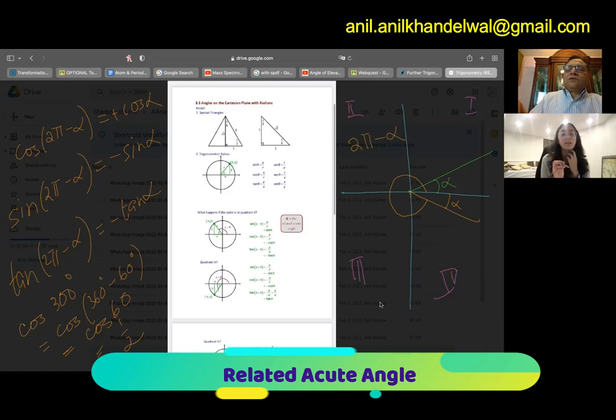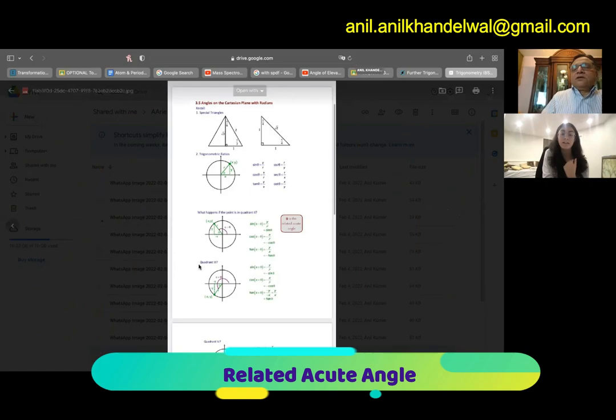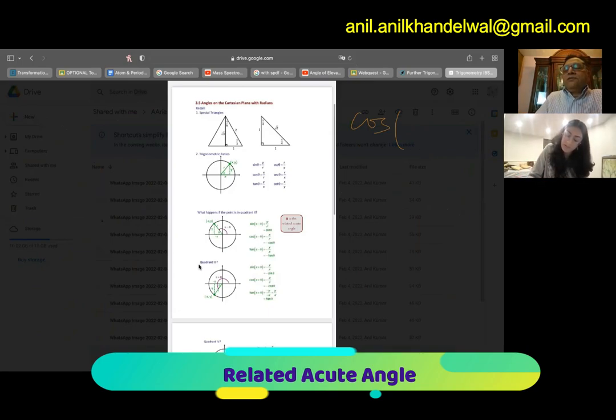Let's clear this off. Now let's say cos of, we'll work with our special triangles, right? We have 225 degrees. So what is 225 degrees? As soon as 225 degrees comes to your mind, you know very clearly this is 270 and this is 180.